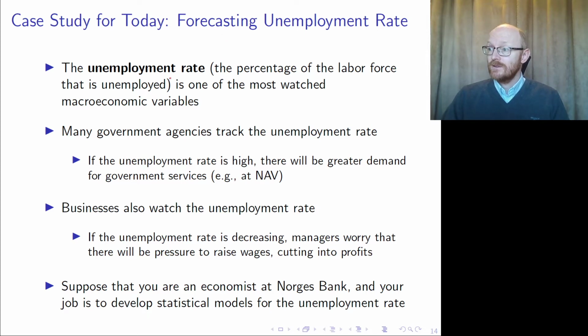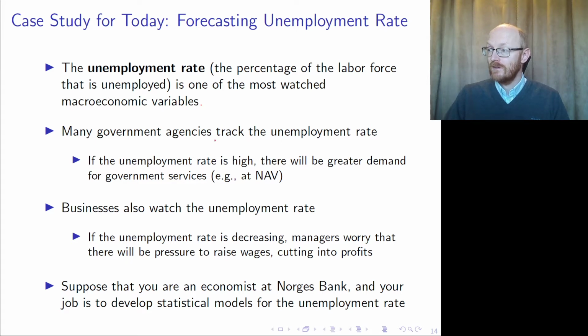And the unemployment rate is the percentage of the labor force which does not have employment but is seeking employment. Okay, so it's actually one of the most watched macroeconomic variables out there.